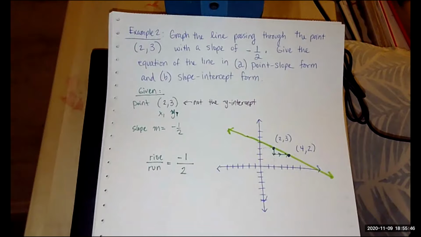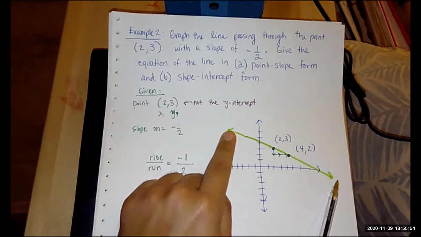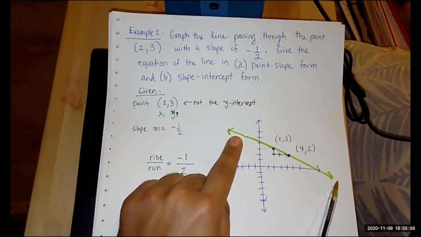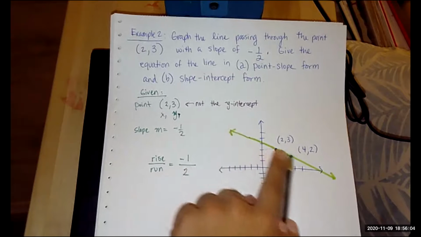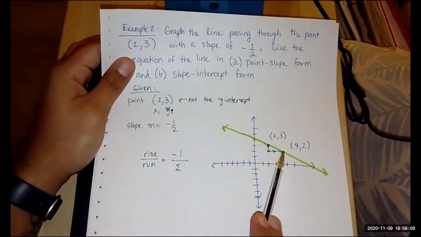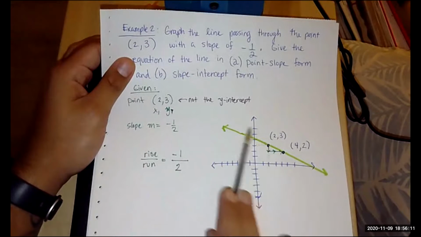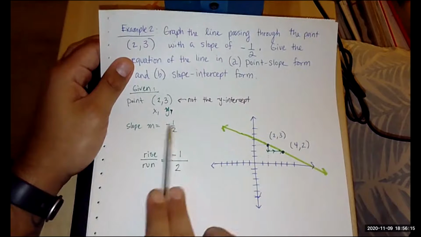And you can ask yourself at this point, does this line make sense? And what I mean by that is just looking at this slope, what should the sign of the slope be? Should it be negative or should it be positive? Well, this line, if you're riding it like a roller coaster, is going down. So because this point is lower and this line is traveling in a downward direction, that should be consistent with the slope that they gave you.